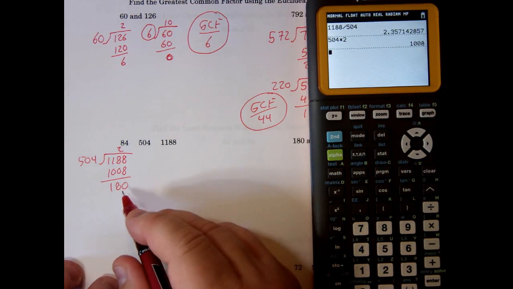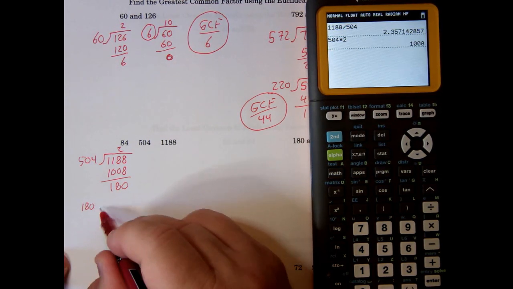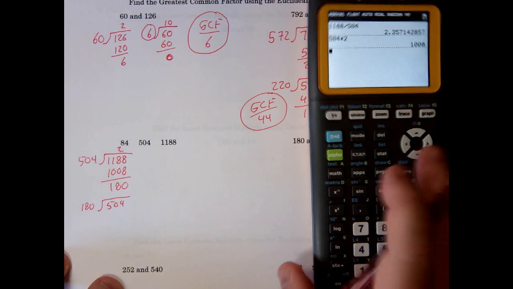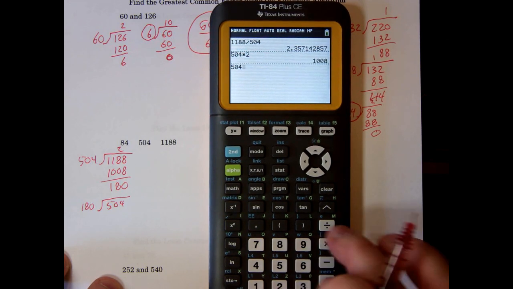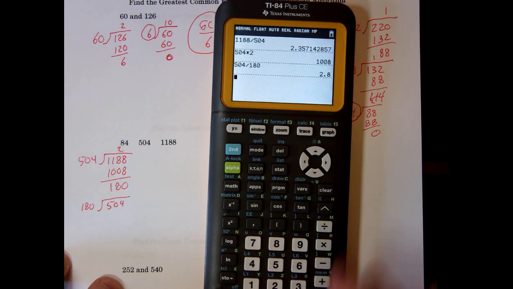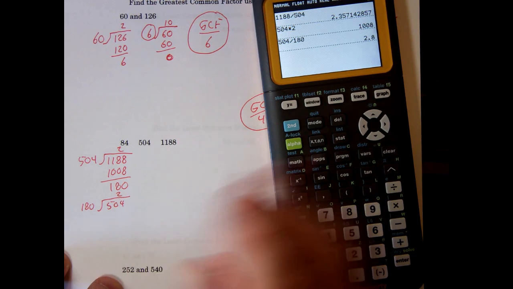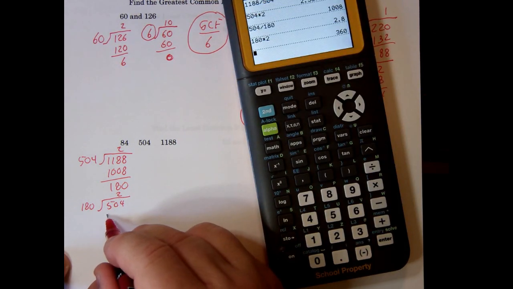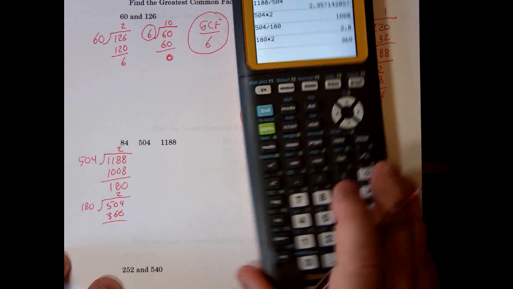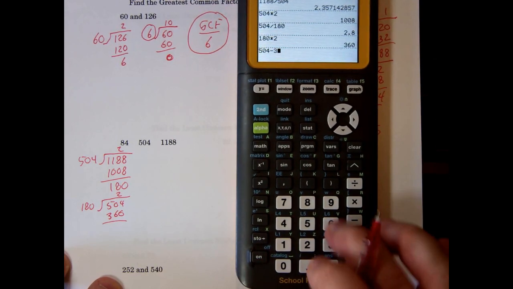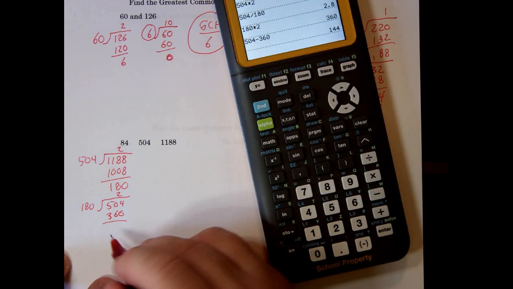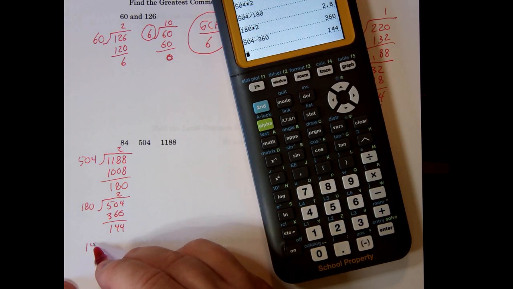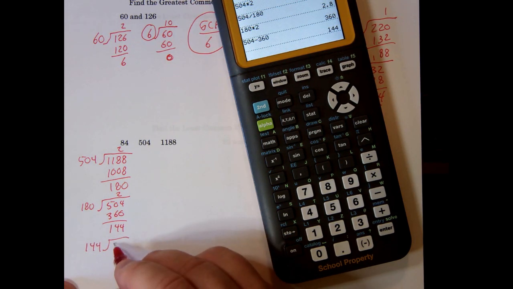So how many times will 180 go into 504? Always bring down your smallest. 504 divided by 180 is twice. 180 twice is 360, and 504 minus 360 is 144. So how many times will 144 go into 180?